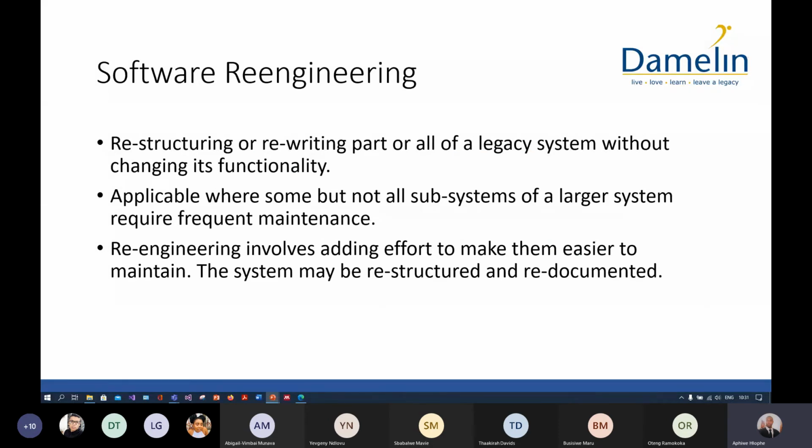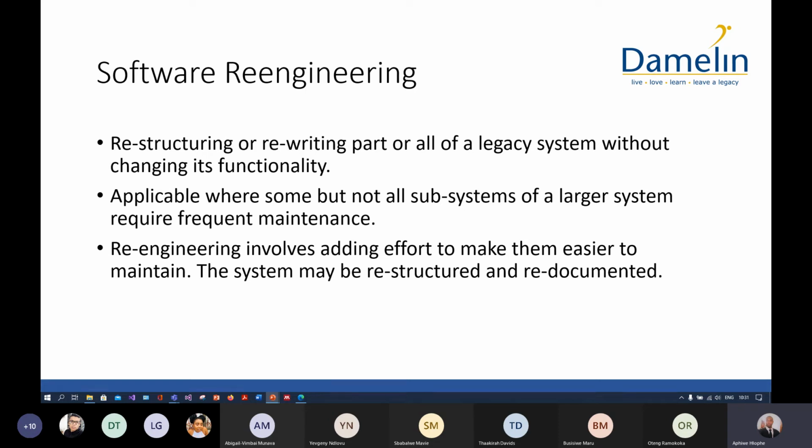So, software re-engineering. So restructuring or rewriting part or all of a legacy system without changing its functionality. Applicable where some but not all subsystems of a larger system require frequent maintenance. Re-engineering involves adding efforts to make them easier to maintain.